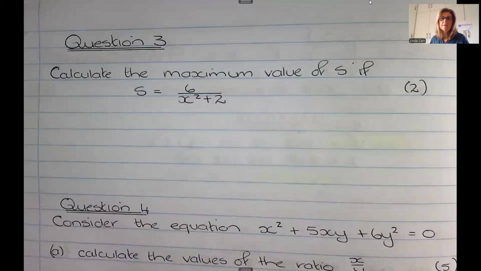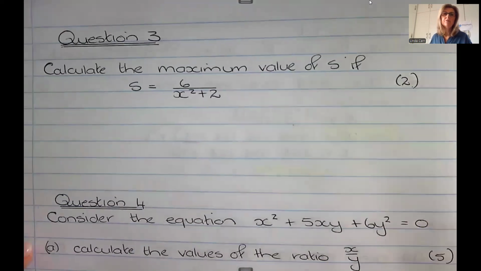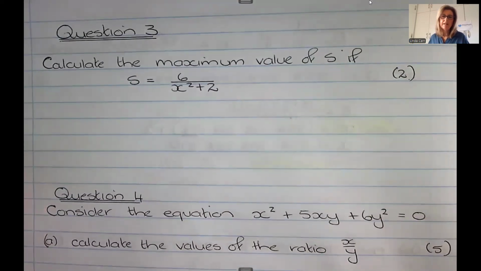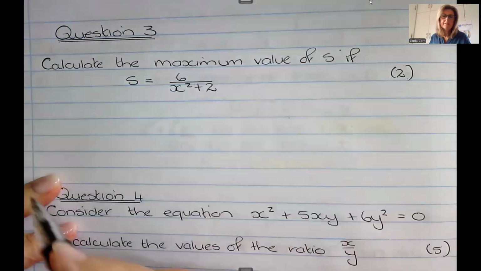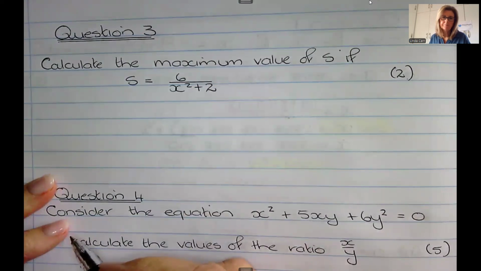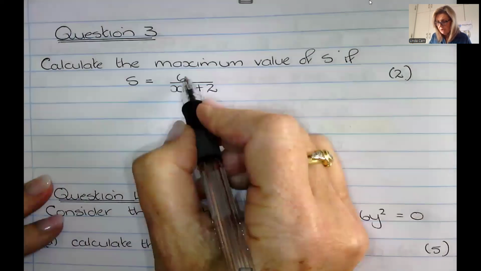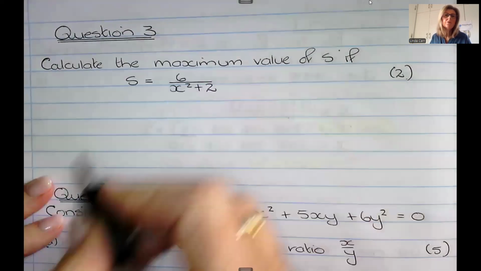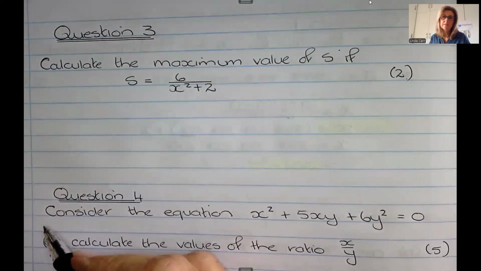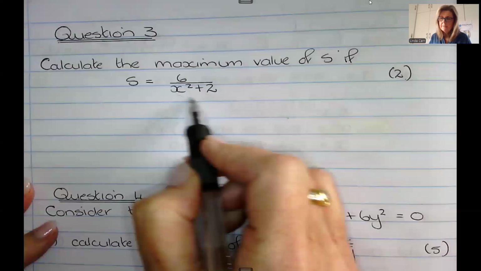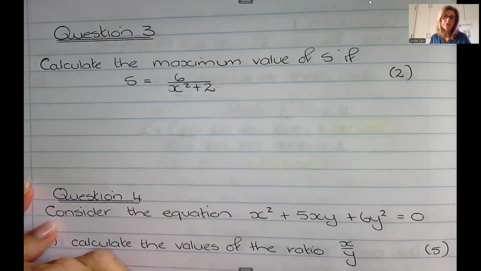This is another one that's becoming popular again. Calculate the maximum value of S given that S is this expression. So I'm sure you'll agree that the 6 in the numerator can't change. So 6 is a constant. Therefore, it's only the denominator that can change.